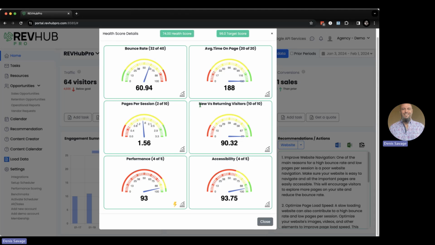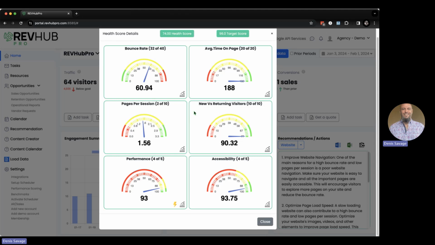This is important for newer clients that are experiencing the powering of your marketing agency for the first time. RevHub Pro will show the impact of any campaign your agency provides, proving your worth and value to your client base, increasing retention, and providing a path from project to monthly recurring revenue.